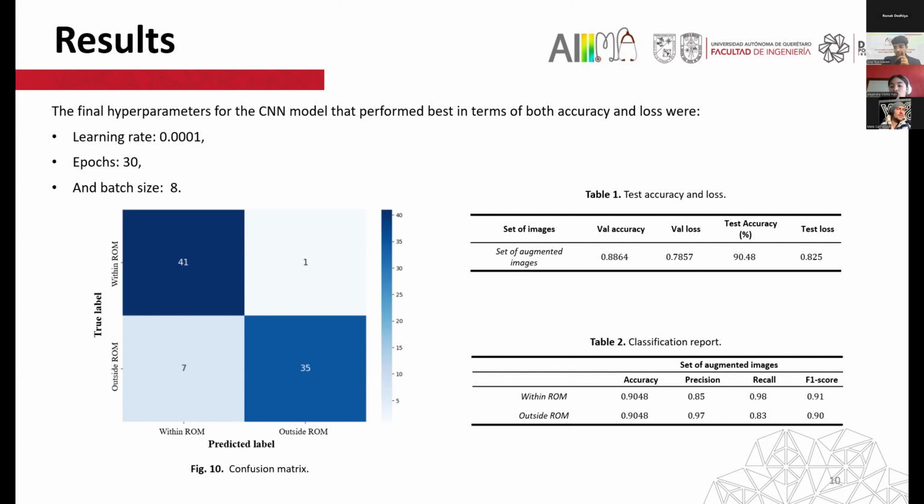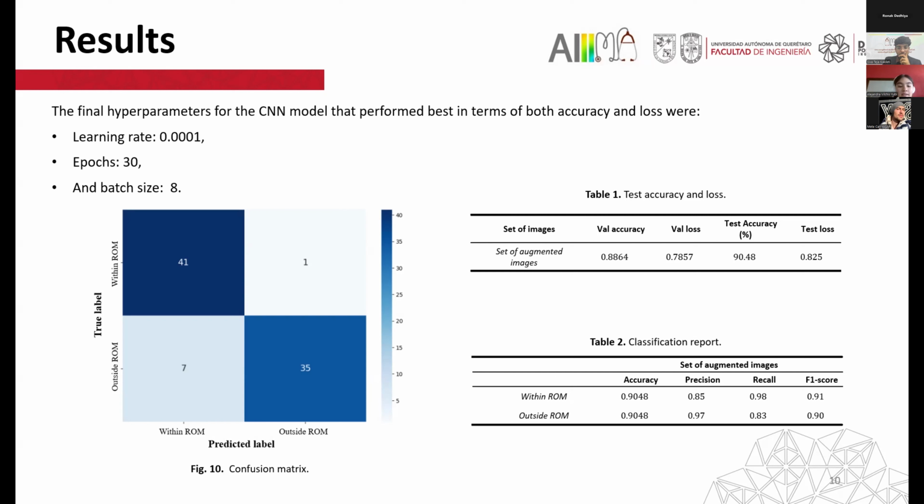Also, in table 2, you can see the classification reports for each class. We can see that each class performed well, but the precision of the outside ROM class is higher than the precision of within ROM, which is 97% for outside ROM and 85% for within ROM.